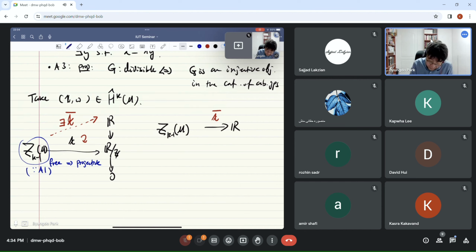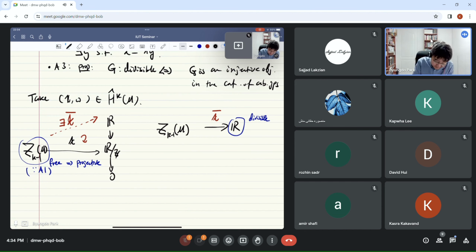And notice that this is actually divisible. So this is an example of a divisible group, then this is an injective object.